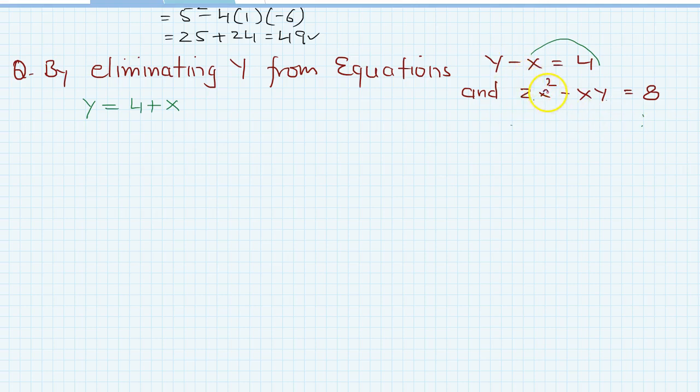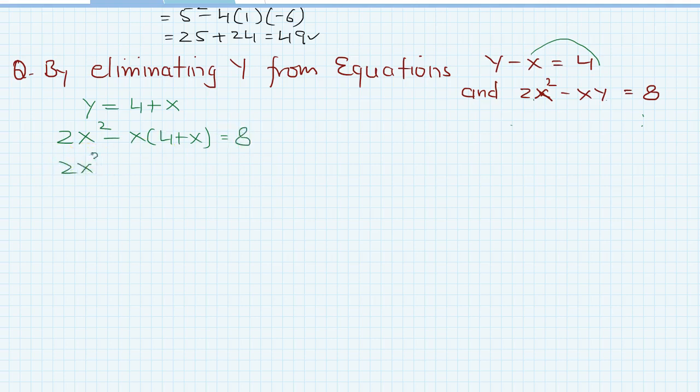So that is 2x square minus xy. So our equation will be 2x square minus x and y, which is 4 plus x, is equal to 8.